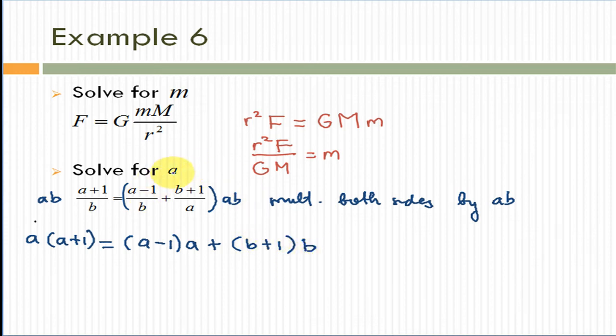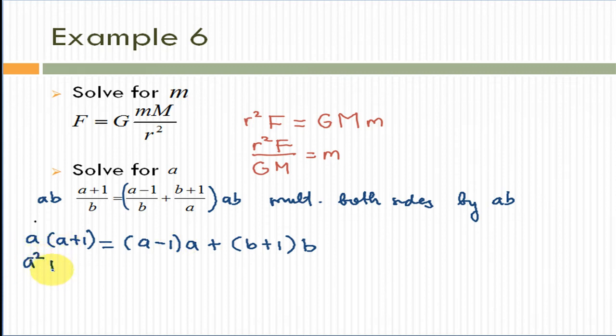Okay, so here we want to solve for a, which means we want to make a stay by itself. We can do that. So the intermediate step will be move all terms containing a to one side of the equation. So for example, we can move all of this to the left hand side. Let's expand that.